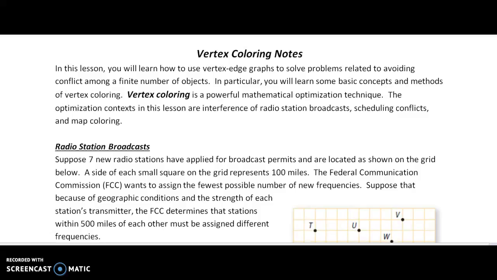Another example where you might use vertex edge graphs would be maps. The example I gave you is the map of the Midwest, where each state had its own vertex, and you connected the vertices with edges to represent a shared border. For instance, Iowa shares a border with Missouri, Nebraska, South Dakota, Minnesota, Wisconsin, and Illinois.